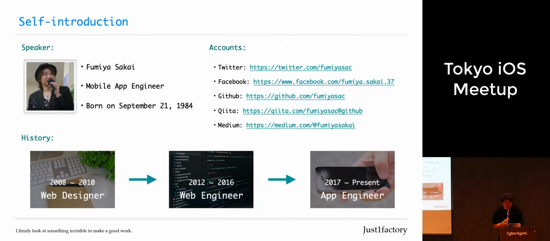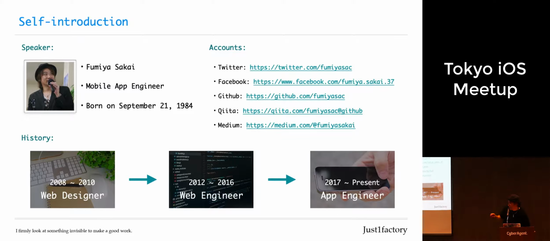I'll try to introduce myself. My name is Fumiya Sakai. I joined EverSense Inc. as a mobile app application engineer. My job history is very complex.